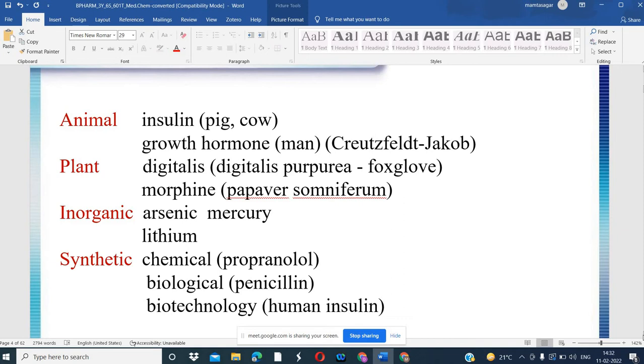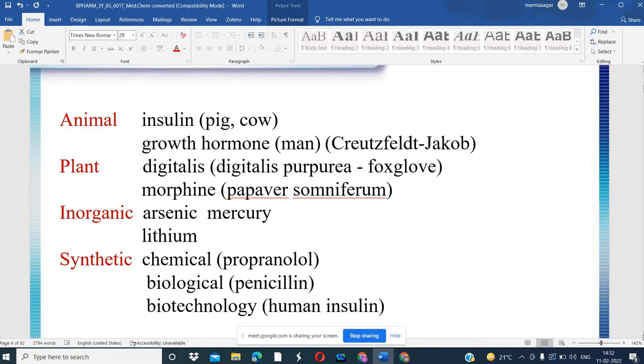Although insulin is produced in nature in our body, no? We isolate the insulin from the human body or from animals to treat the human disease, diabetes. Because we use biotechnological methods, that is not the source.